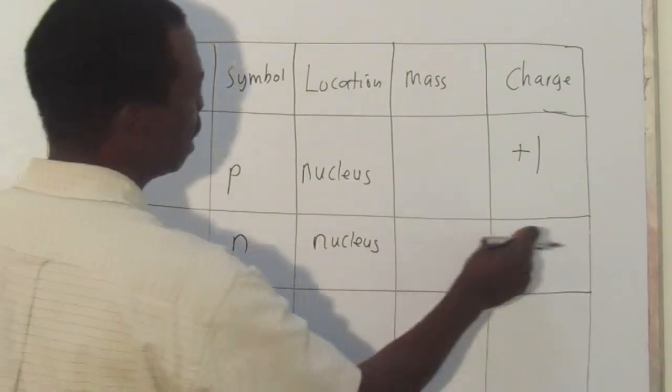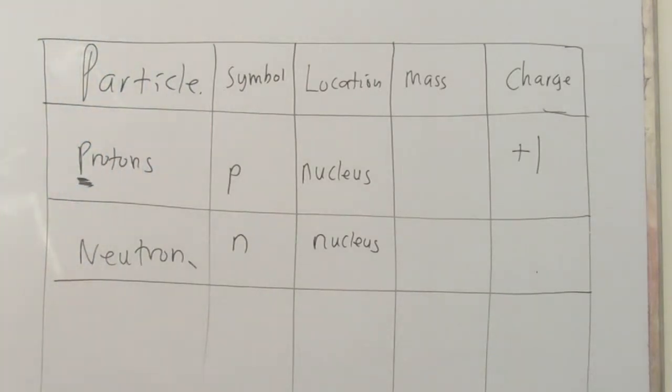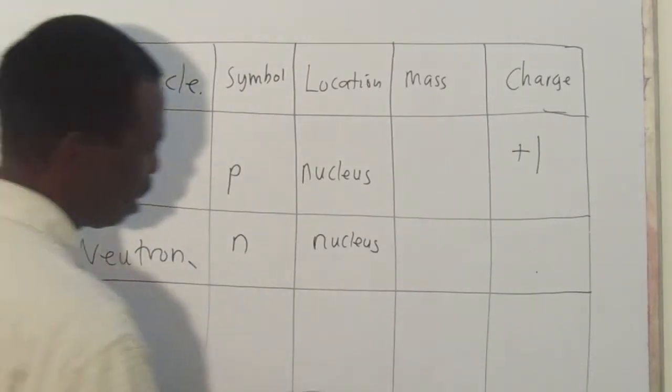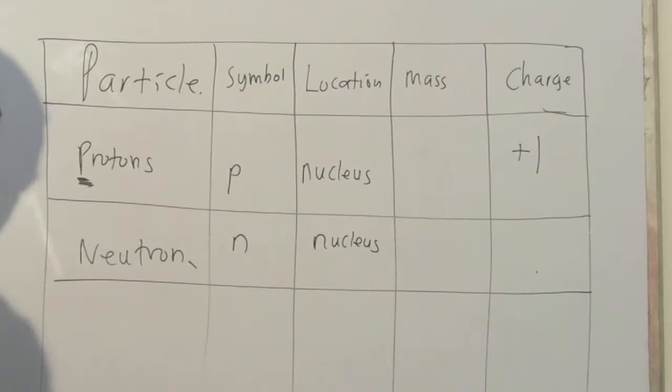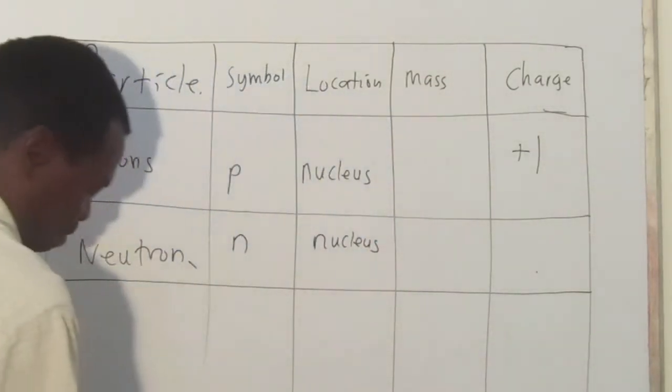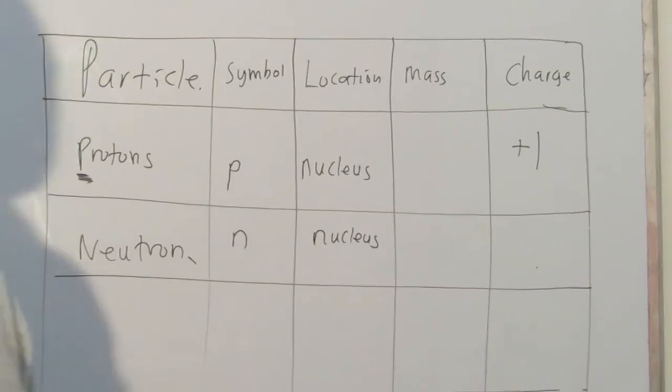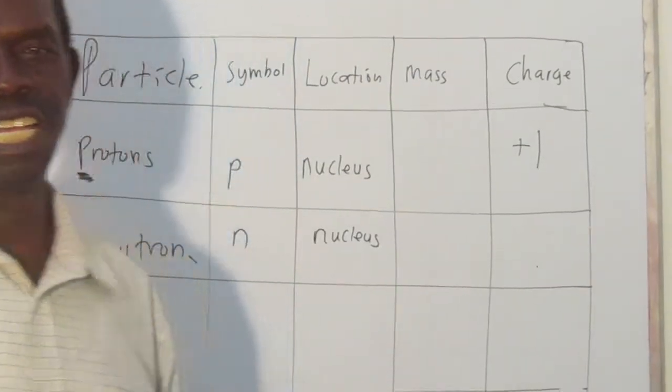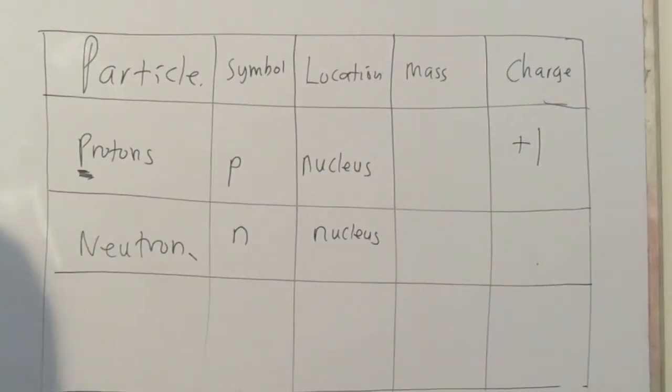Before I complete the table, I should now also talk briefly about the third one, which is very obvious: the one which is outside there, and those are called the electrons.